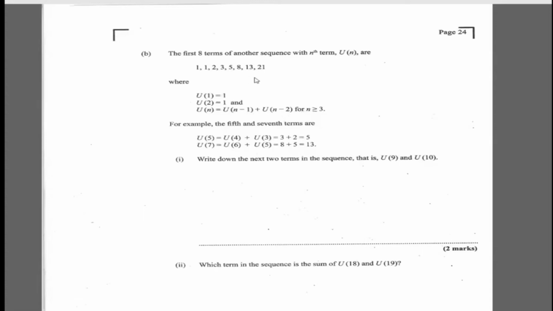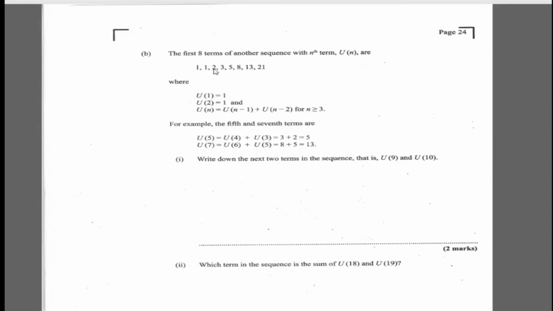There's a special name for this sequence, known as the Fibonacci sequence, where each term depends on the preceding terms.